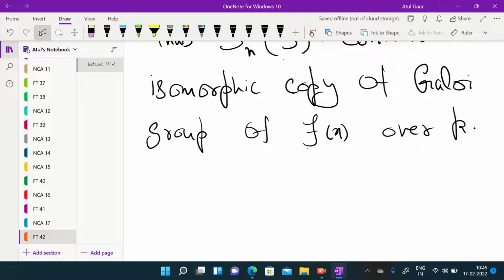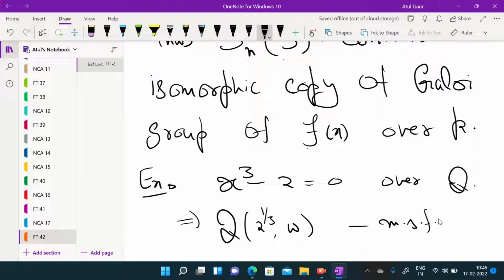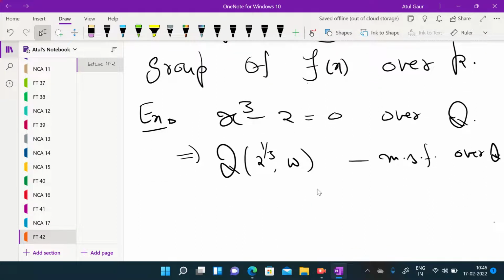So let's see. You have x cube minus 2, an example. This is over Q. So you already know that the minimal splitting field for this is S3 up to isomorphism. So you know Q(2^(1/3), omega) is the minimal splitting field over Q, where omega is cube root of unity.